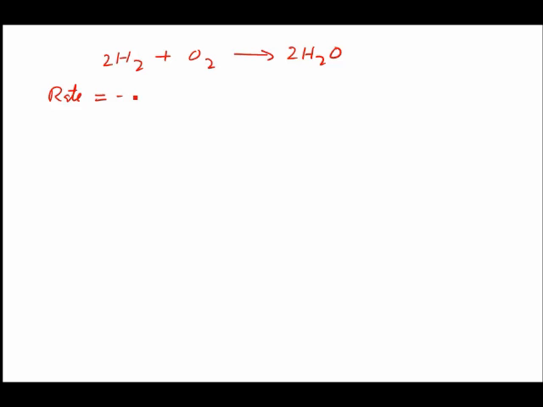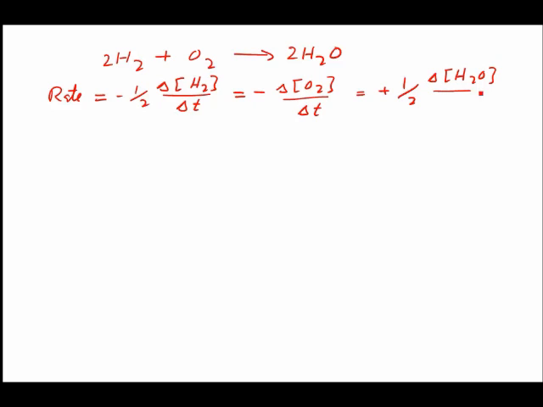So we can say minus 1 by 2 change in concentration of hydrogen by delta T, and that is minus change in concentration of O2 by delta T, and that will be plus 1 by 2 change in concentration of H2O by delta T. Now suppose you want to write down the rate of disappearance of hydrogen.